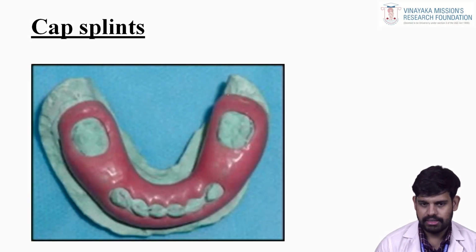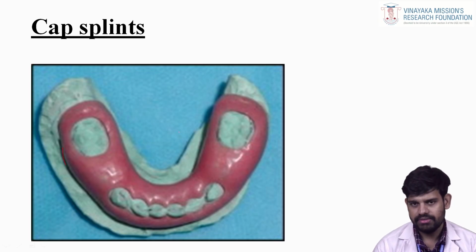This is cap splints done in a pediatric patient, where the occlusal surfaces of the teeth are relieved and a base plate is made in proper occlusion. So what we will do is we will take an impression, we will make a cast, and we will fracture the cast in the exact fracture location, and we will reduce it manually, and we will fabricate a plate after the reduction.